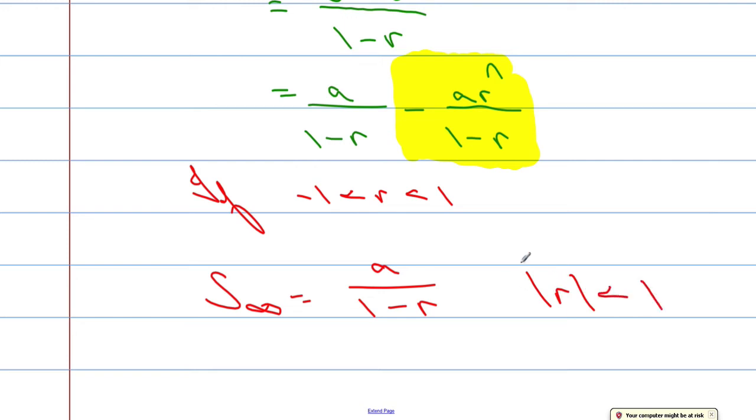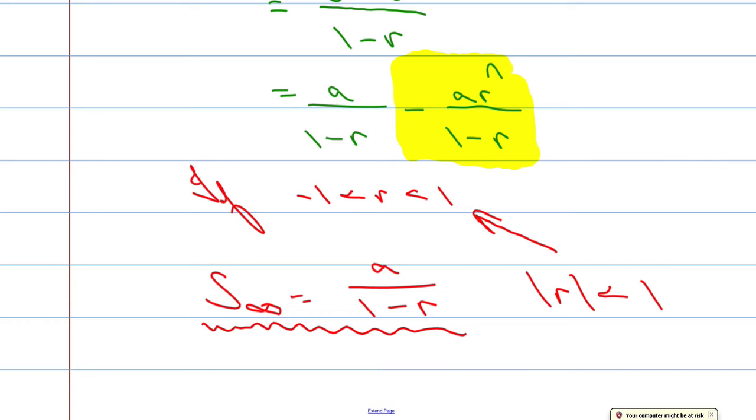So that's what this means. The modulus of r is less than 1, which is essentially the same as this. So this is the formula that we're going to use to work out the sum to infinity.